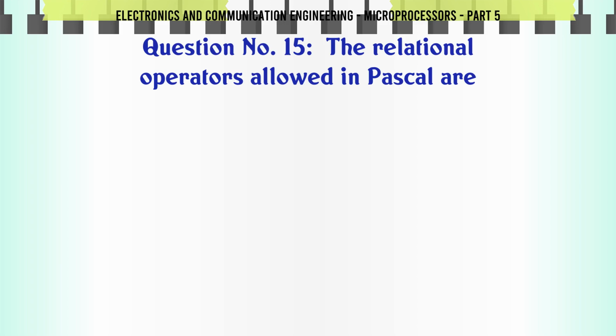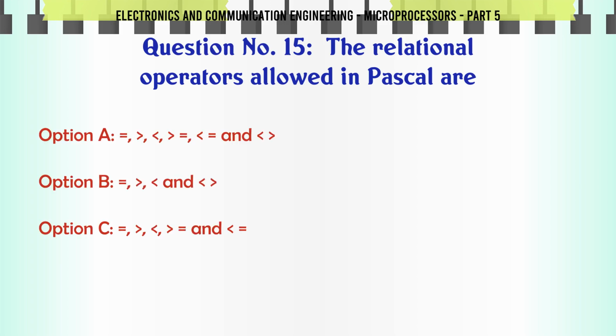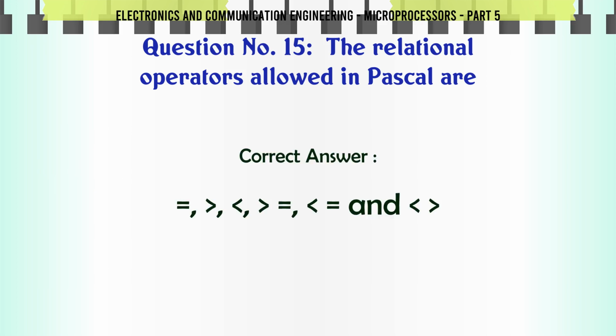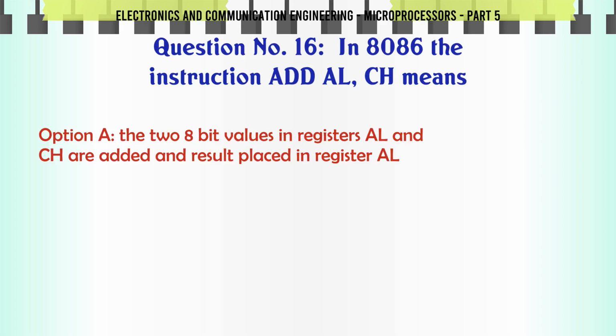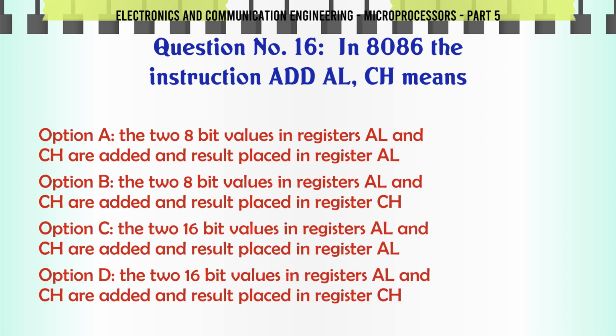The relational operators allowed in Pascal are A. AND, B. AND, C. OR, D. AND. The correct answer is AND. In 8086, the instruction ADD L, CH means A. The two 8-bit values in registers L and CH are added and result placed in register L. B. The two 8-bit values in registers L and CH are added and result placed in register CH.